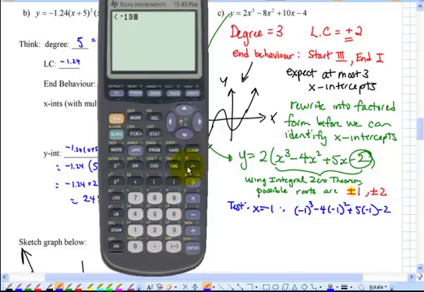Negative 1 cubed minus 4 times negative 1 squared plus 5 times negative 1 minus 2. Negative 12. Oh, painful. And then now the question is, I've got to do this again for other ones, so you've got to change it. Oh, that's so nasty.